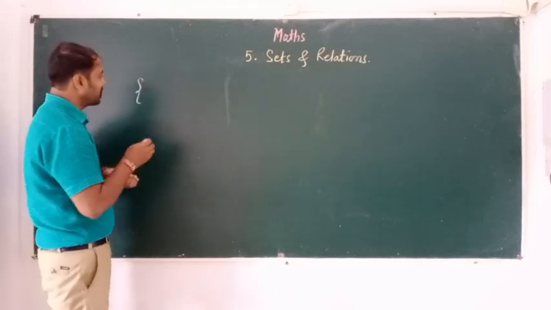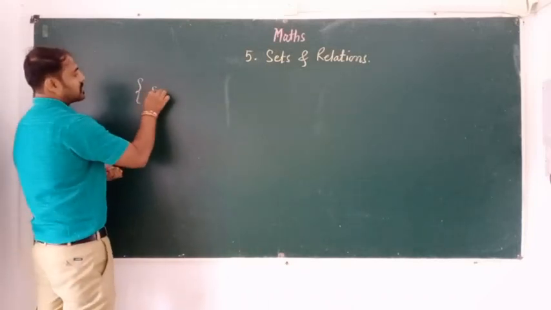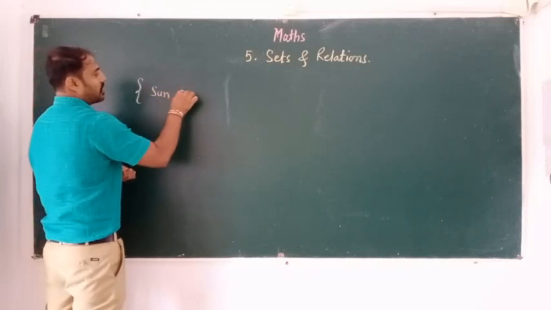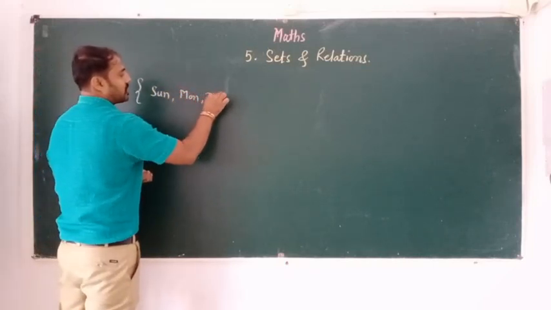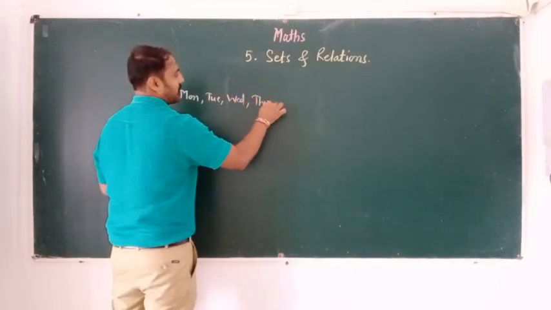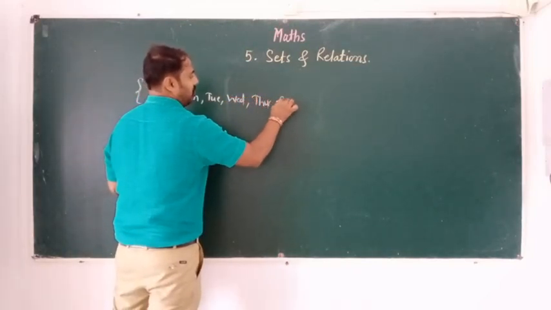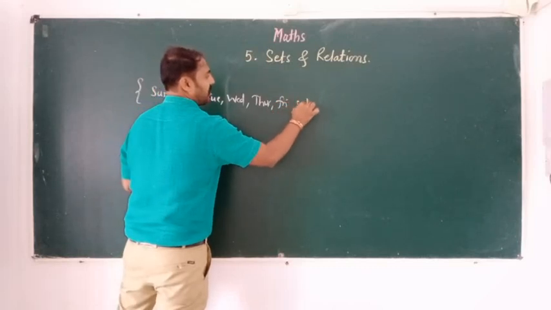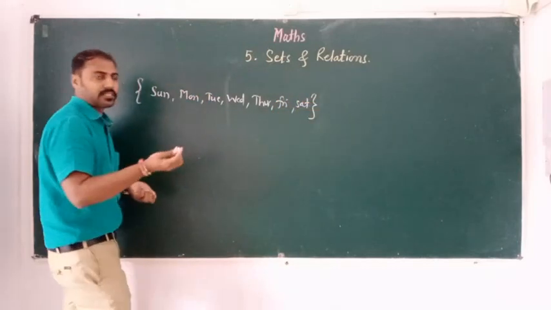Which are they? They are Sunday, Monday, Tuesday, Wednesday, Thursday, Friday, Saturday, and adding Sunday, Sunday should not be added twice.